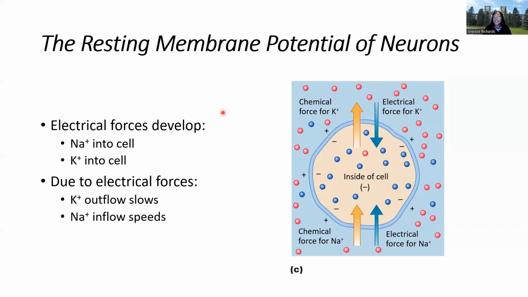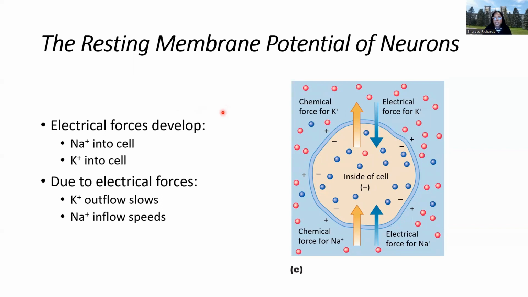Now we can look at the electrical driving force. So remember, in order to think about the electrical driving force, we have to understand the polarity of the cell. We have to understand where there is an abundance of negative or positive. And so that is what we just described, really based on the permeability of the cell.